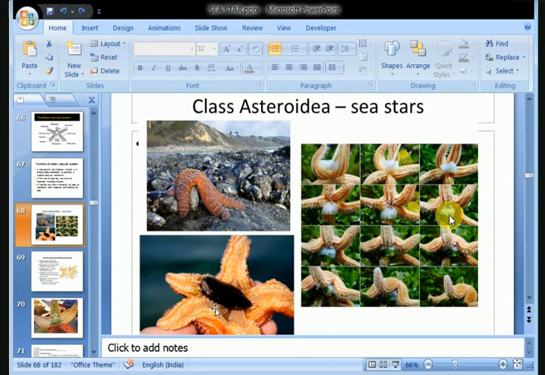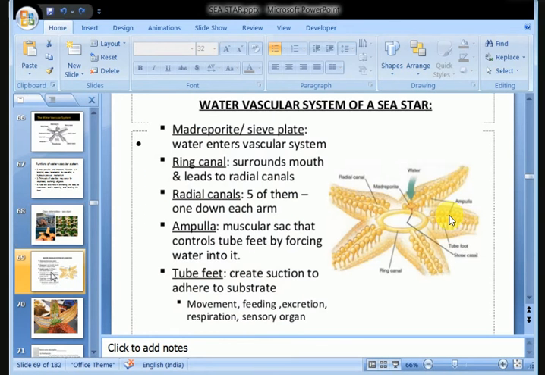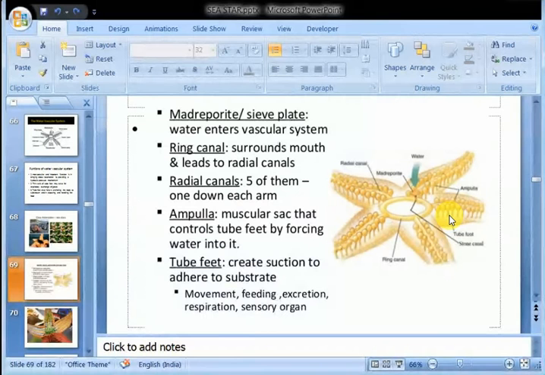So in this way, these tube feet assist in capturing the food, and they assist in the feeding mechanism. Now we'll talk about this system in detail.